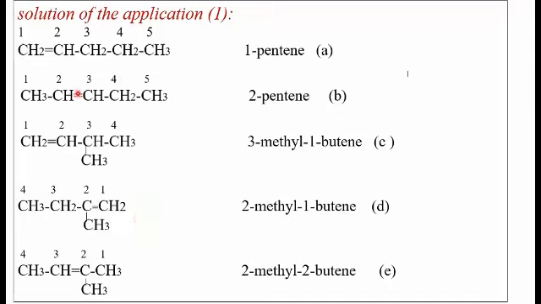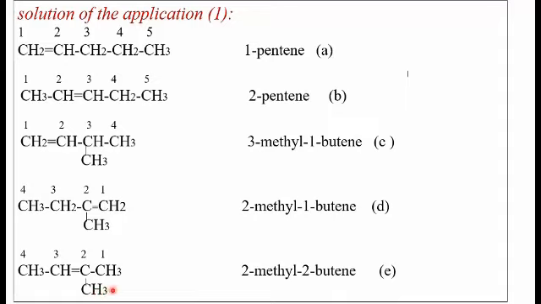Here I want to take the second chain. I respect the position of the double covalent bond, and I want to make a branch chain. I put a methyl group on the second carbon atom, and I begin numbering nearer to the double covalent bond, and pay attention here, nearer to the methyl group. Because if I begin numbering from here or from there, according to the double covalent bond it is the same, but I must respect the position of the methyl.